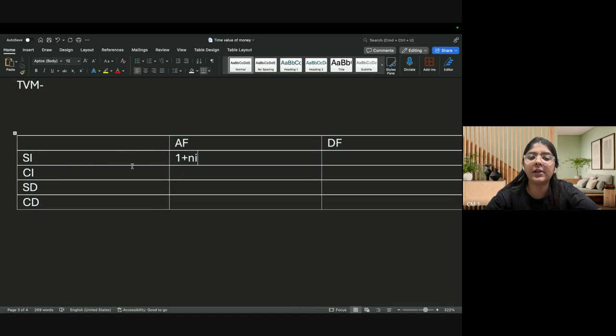Accumulation factor for simple interest will be 1 plus Ni. For compound interest, it will be 1 plus i raised to the power n. Correct. For simple discount, what will be the accumulation factor?